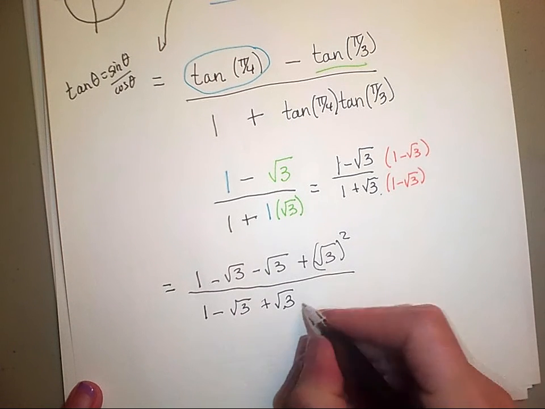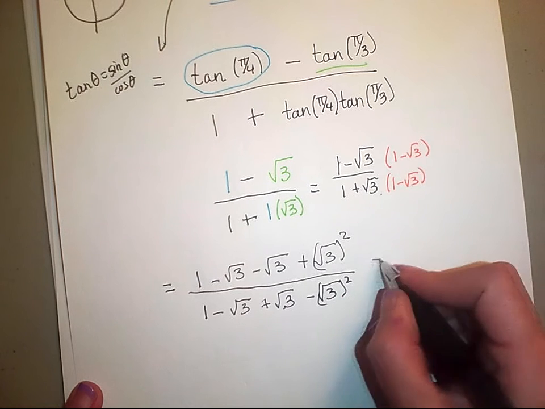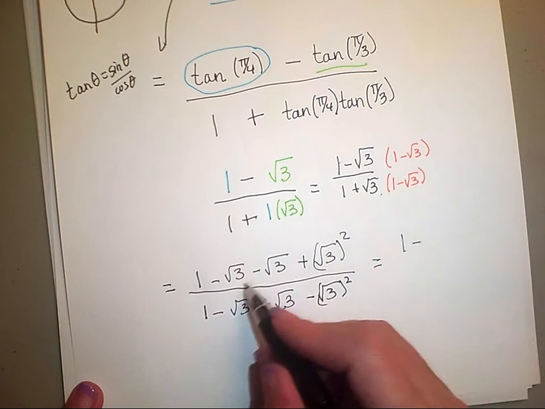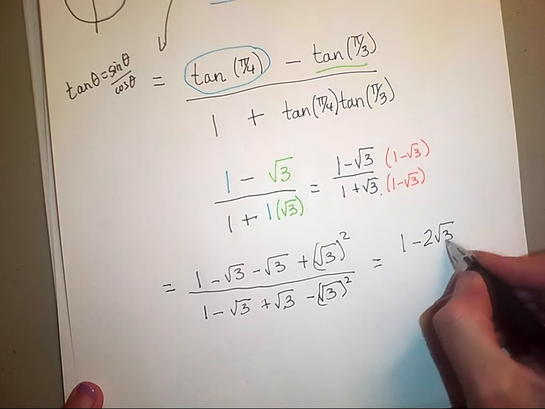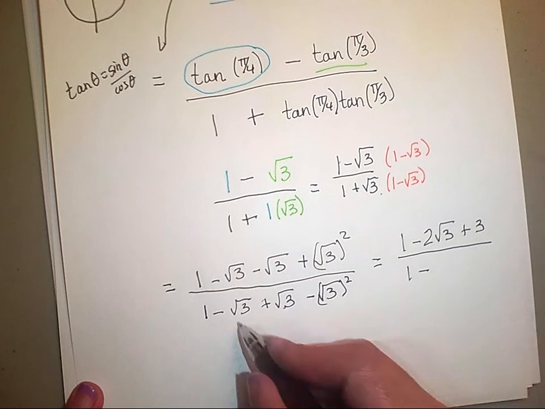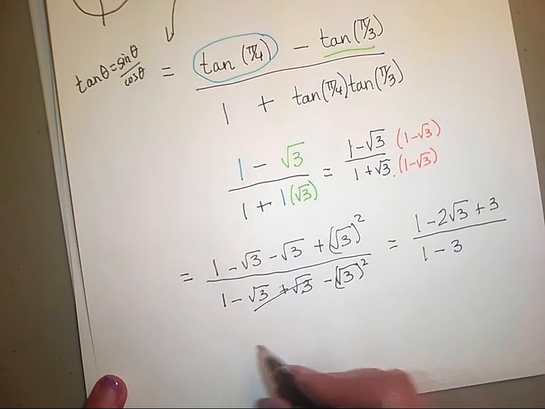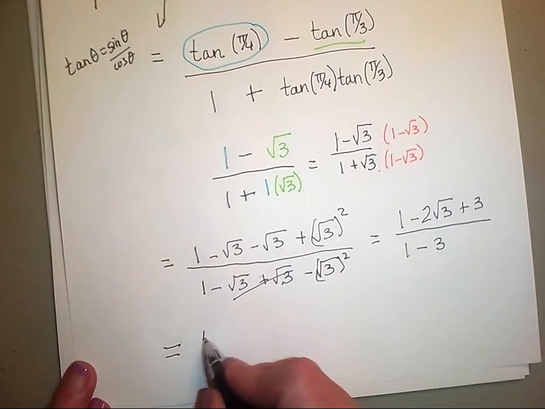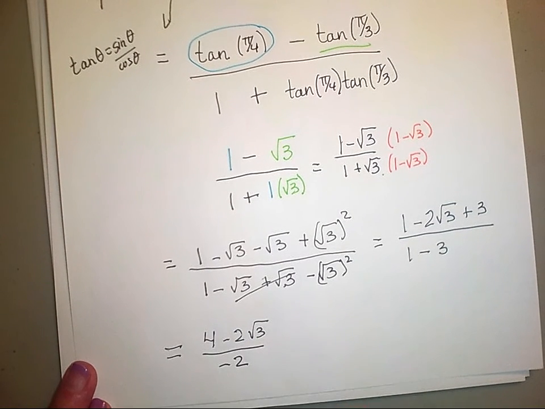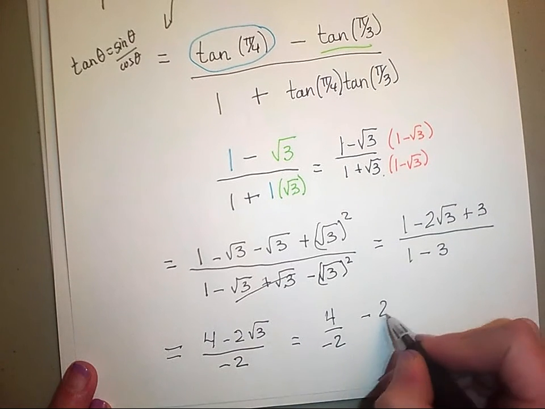1 minus square root of 3 plus square root of 3. That will go to 0. That's why we're multiplying by the conjugate. And now minus square root of 3 squared. So this is 1, just combining like terms, minus 2 square roots of 3 plus 3, over 1 minus 3, which is 4 minus 2 square roots of 3 over negative 2, which we can simplify.